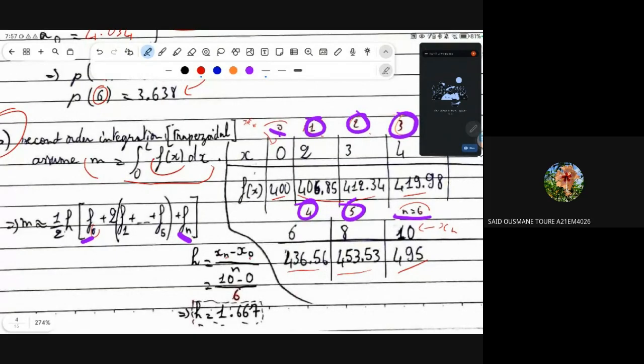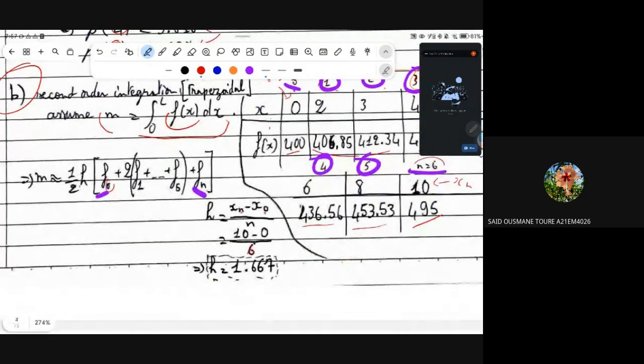You start the count from 0, which gives 6. So you put 10 minus 0 over 6 and you get the h value. Is it easy to understand? Is it clear?